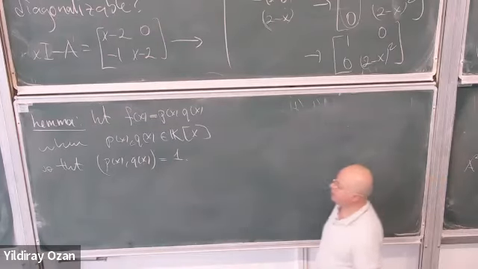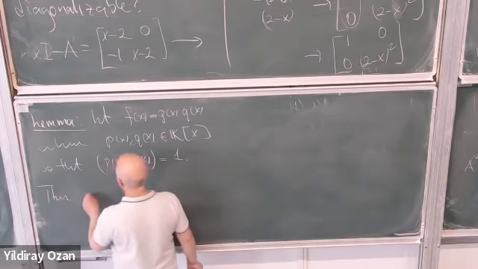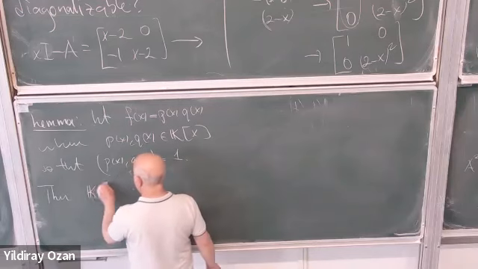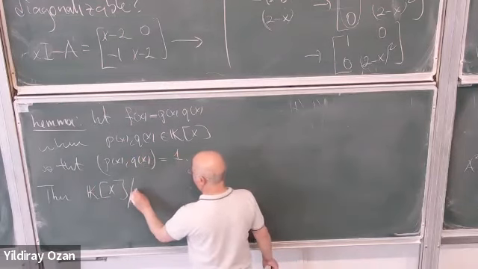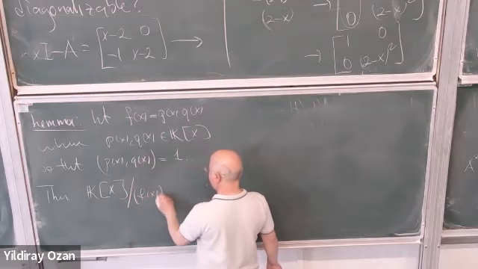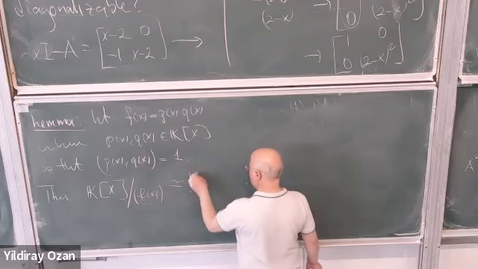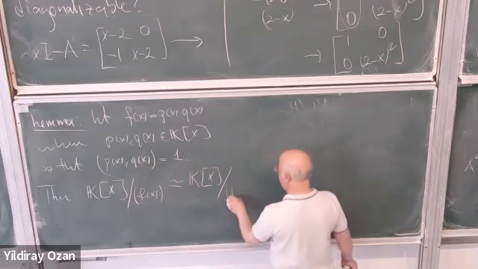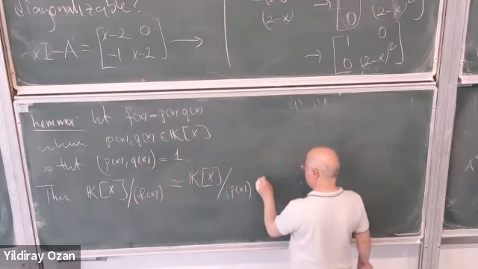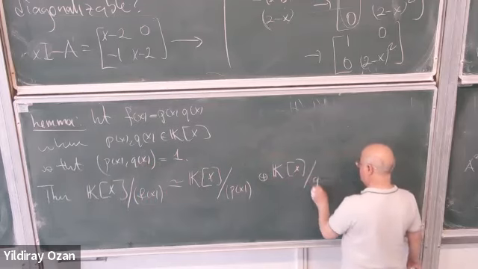Then K[x] divided by the ideal f of x is isomorphic to K[x] divided by p x, direct sum K[x] divided by q x.